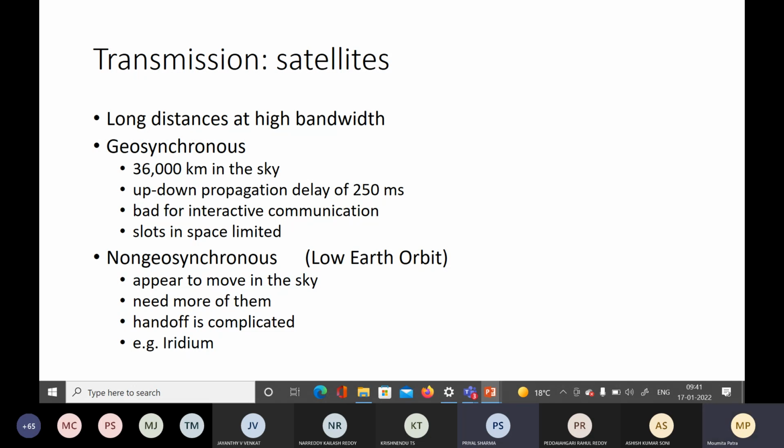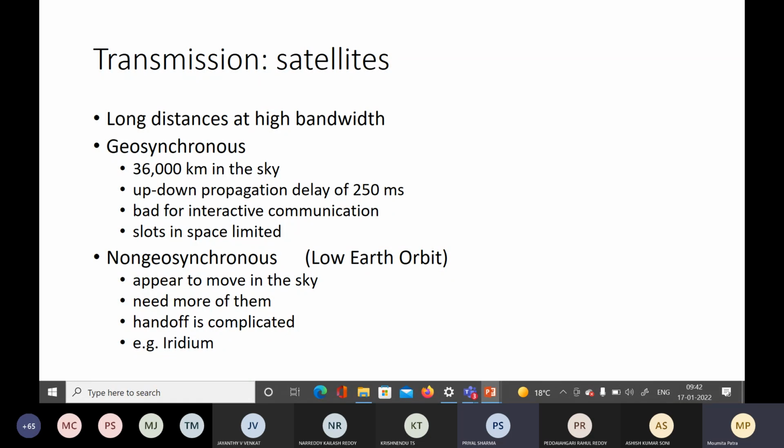Now we go to the low Earth orbit satellites, that is non-geosynchronous satellites. For them, even though you get a better propagation delay and better bandwidth, there is a concept known as handoff. That is when the signal is moving from one node to another node.